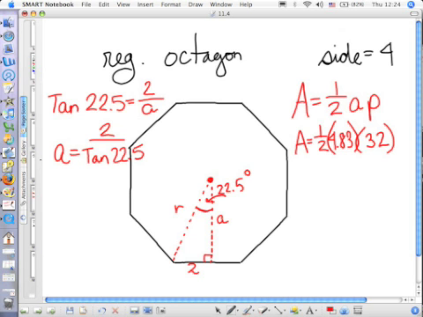All right, so when we multiply, we have 1/2 times 4.83 times 32. And we'll round this answer to the nearest 10th. I have 77.28, which would be 77.3.